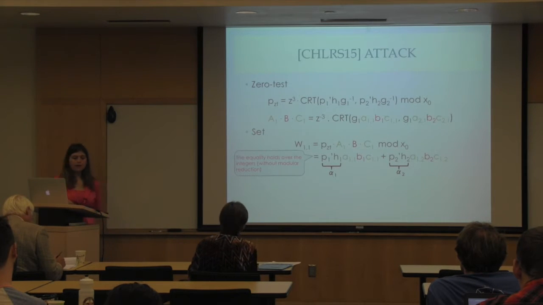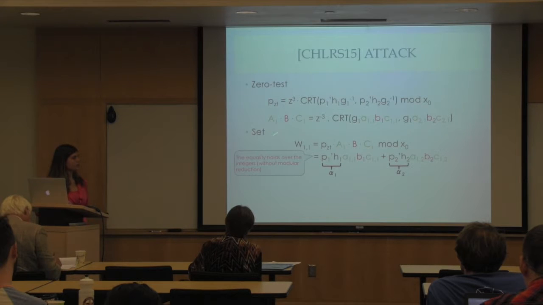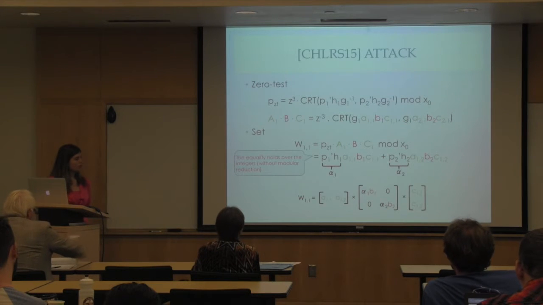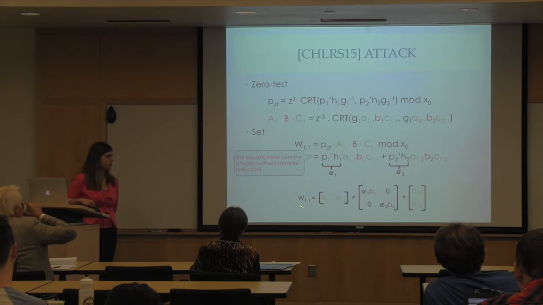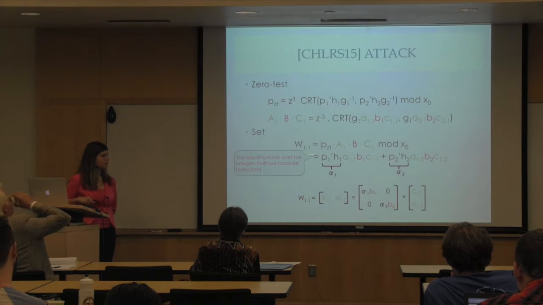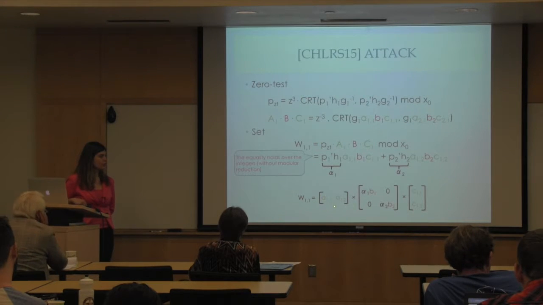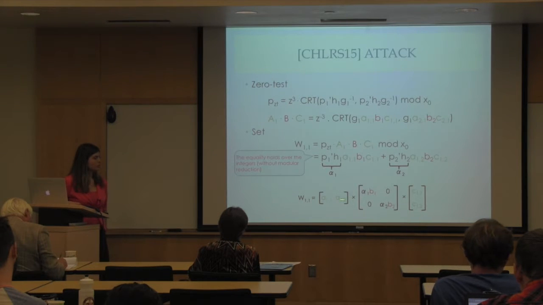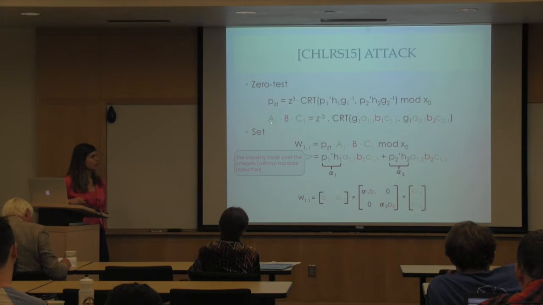Now that we have computed this W value as the product of the zero test, we make the following observation. We can actually write this value as the product of 2 vectors and a matrix, where the first vector has components coming only from the CLT encoding A1.